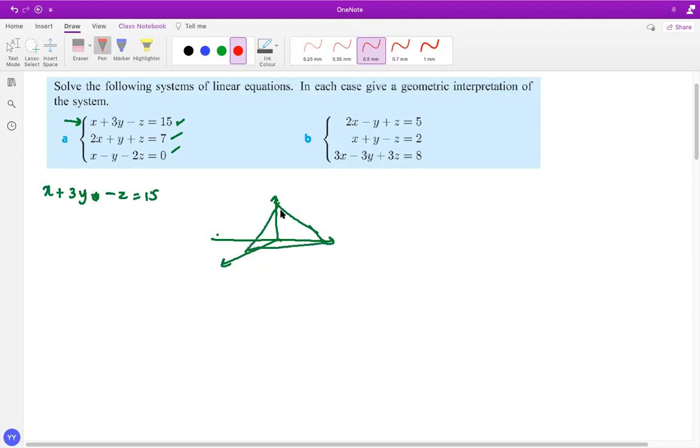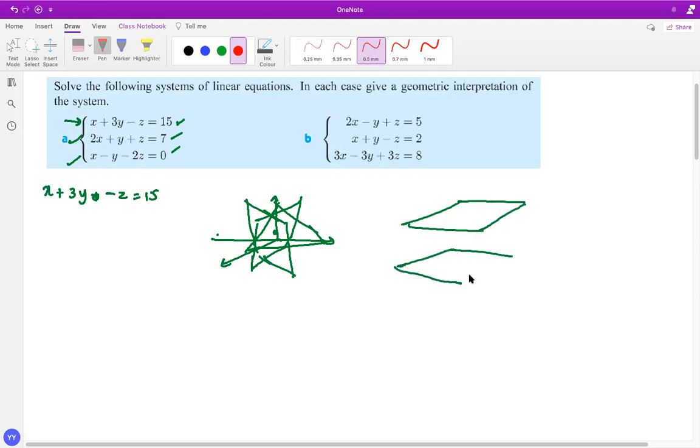Now, if I have three such equations, there might be a possibility that they cut each other at a fixed point, something like here, or they are parallel, which is, they're never meeting. Or there might be a case that two of them are meeting, but the third one doesn't meet.